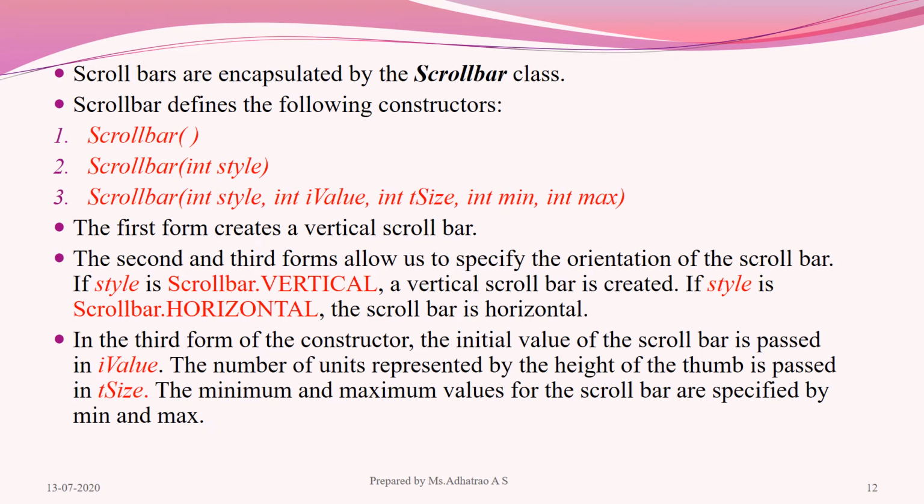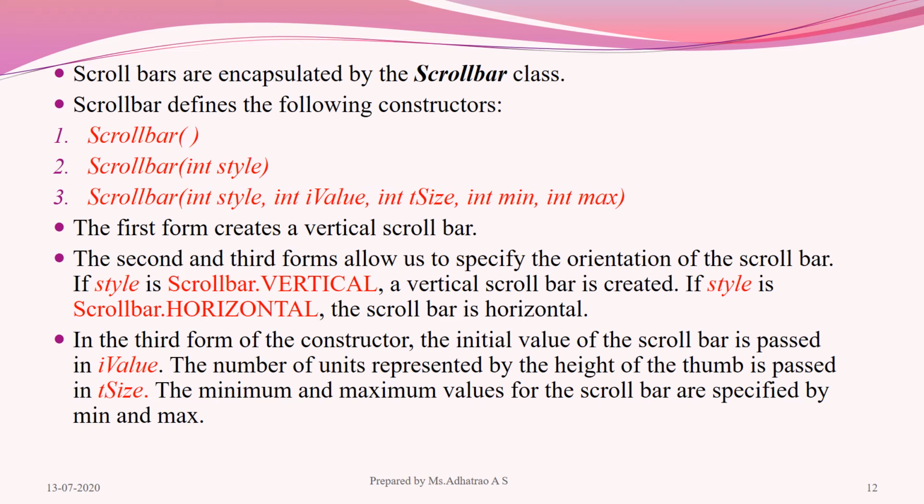And the third is by passing the style with the parameters integer iValue, integer tSize, integer min and integer max. That is, if style is Scrollbar.VERTICAL, a vertical scroll bar is created, and if style is Scrollbar.HORIZONTAL, the scroll bar is horizontal.